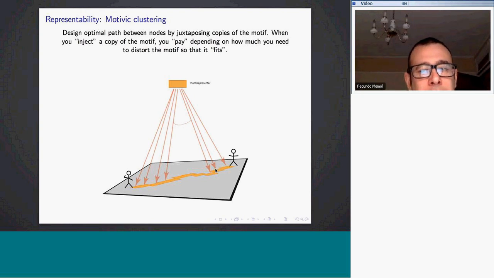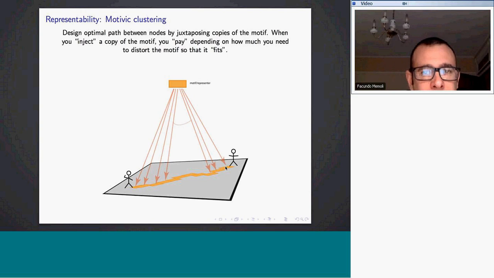When I say replicate the motif, it means you distort the motif a little bit so that it fits in your network, and for every distortion you pay a certain amount. You're optimal if the maximal distortion is minimized. That is the idea of a motif class.